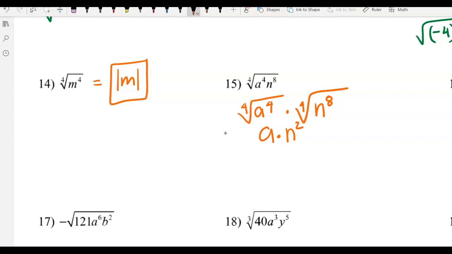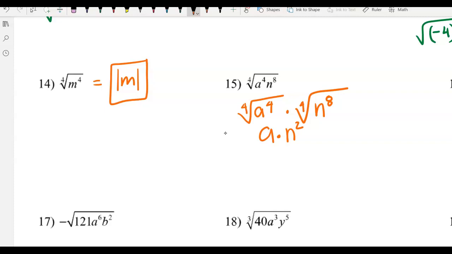I want you to hold it tight. Which one of these might be negative sometimes? a. Why a and why not n squared? Because if n squared was negative, it just multiplies it. Yeah, even if n is negative, anything squared will always be positive.